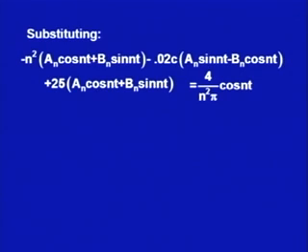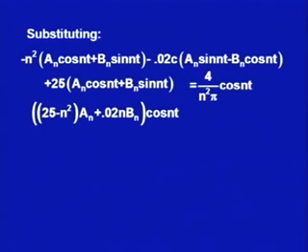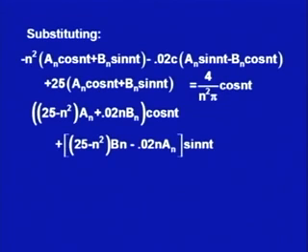Now, simplify the things. We get (25 minus n square) a_n plus 0.02 n b_n, times cos nt, plus (25 minus n square) b_n minus 0.02 n a_n, times sin nt, which should be equal to 4 upon n square pi cos nt.